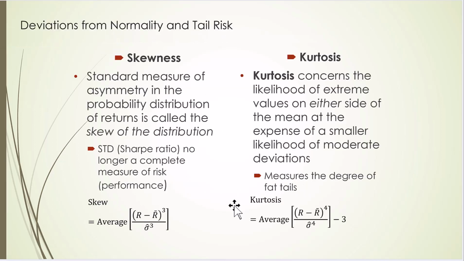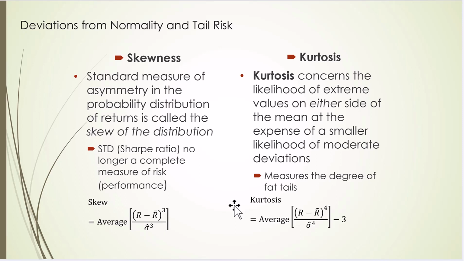The first one is something called skewness. Skewness is a standard measure of asymmetry. What it means is that the normal distribution is tilted left or right.